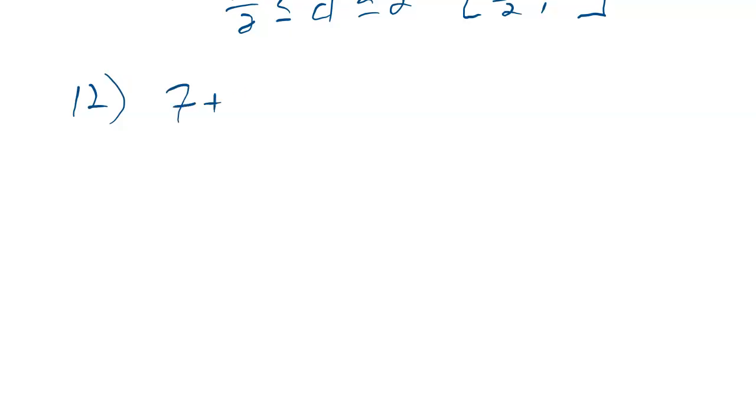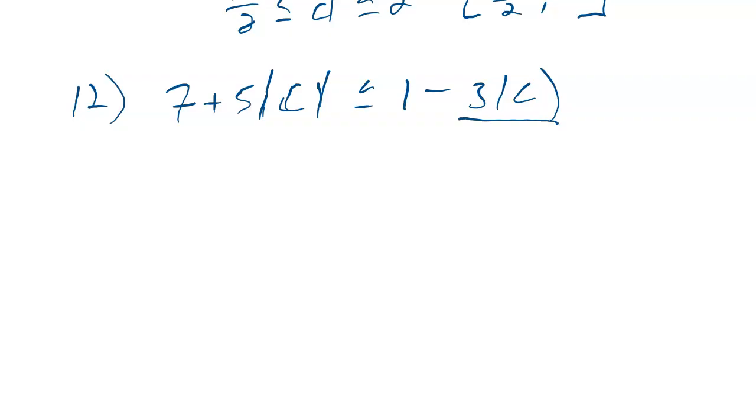7 plus 5 absolute value of c is less than or equal to 1 minus 3 times the absolute value of c. All right, so I'm going to move over the 3c. At the same time, I'm going to move over 7. Oh, yeah, I'm in trouble. When I move over the 3 absolute value of c, kind of treat it like terms.